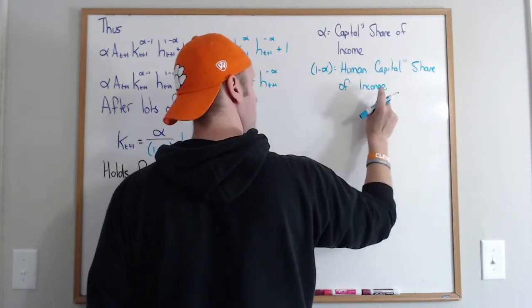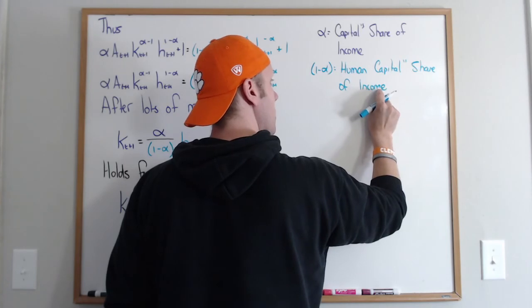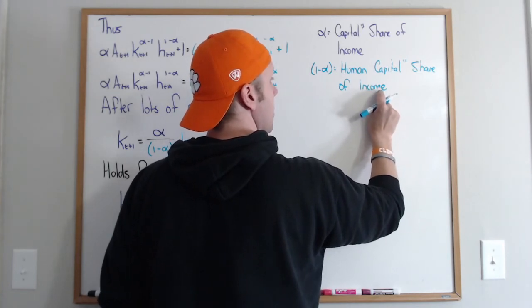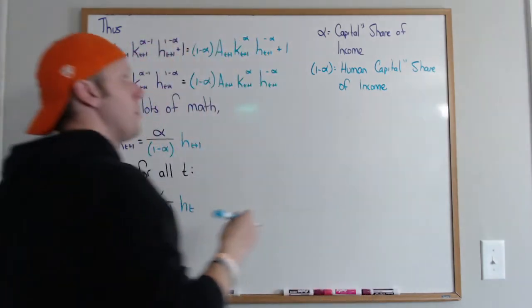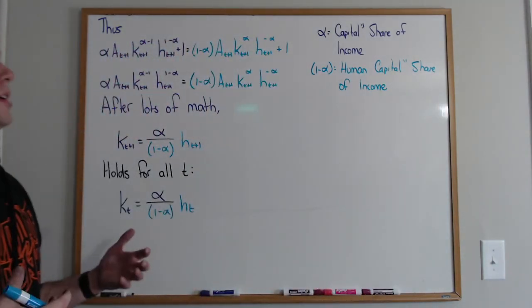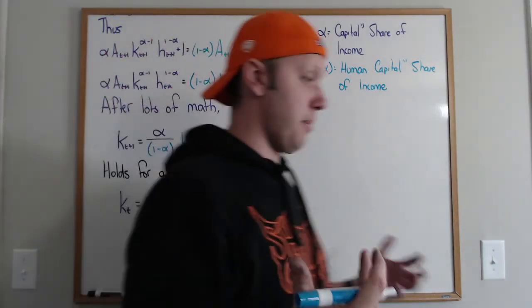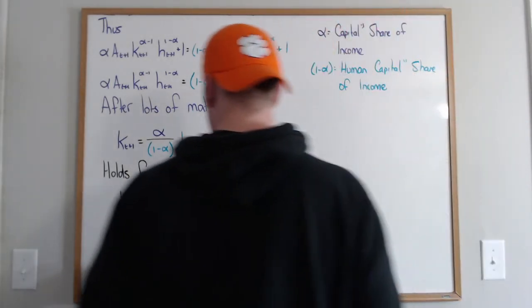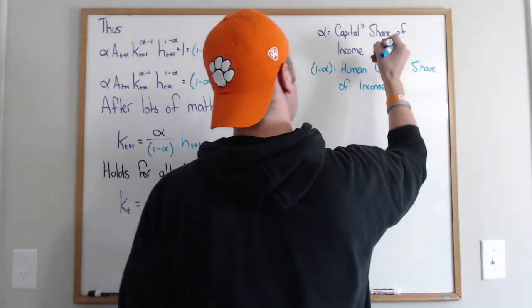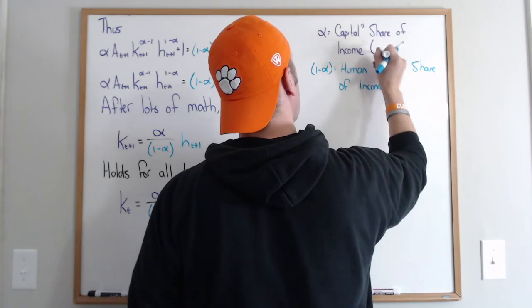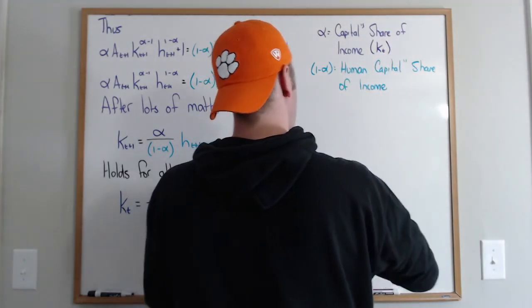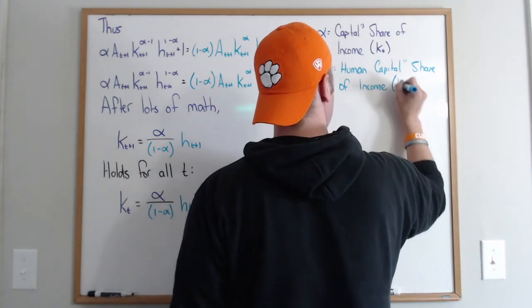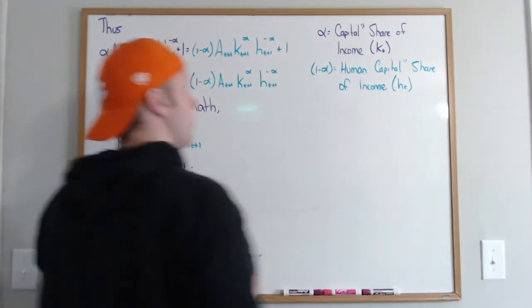There we go, looks a little bit better. So there's physical capital's share of income and human capital's share, so I'll put k_t in parentheses there and h_t in parentheses here.